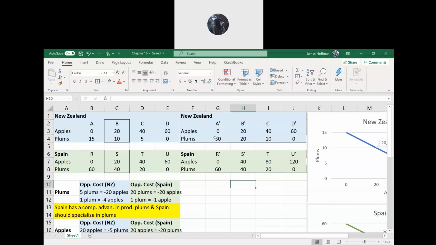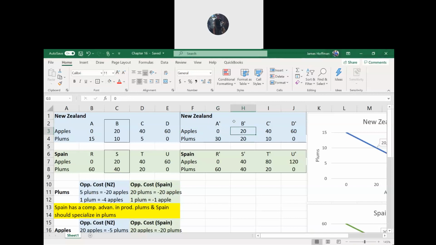Okay, so sorry if that was a little confusing, but what you want to do in the new table that shows the gains from trade is just leave the goods they specialize in the same as before, and then determine what they can get in a trade for the rest, the ones they trade at the remainder. So here they're trading all the apples for plums.